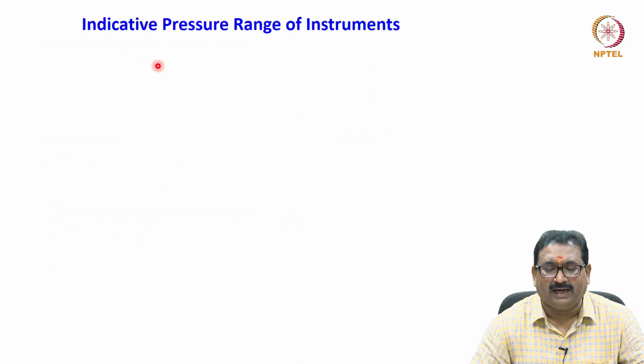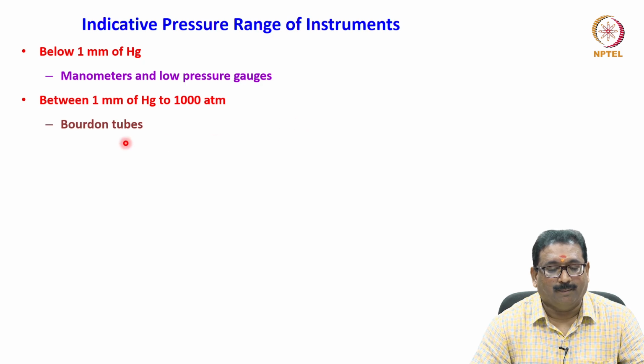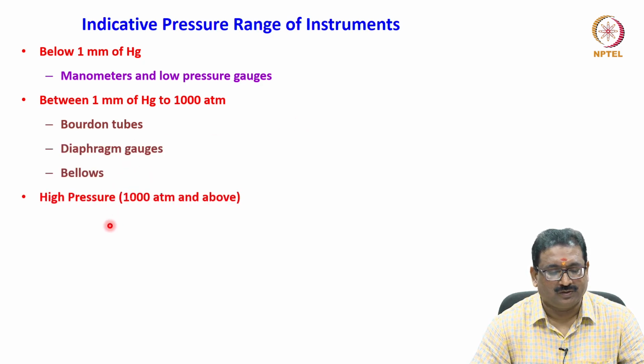Now, I require the indicative pressure range for the instrument, correct? Below 1 mm of Hg, we use manometers and low pressure gauges. Between 1 mm of Hg to 1000 atmospheres, Bourdon tubes, diaphragm gauge, bellows.